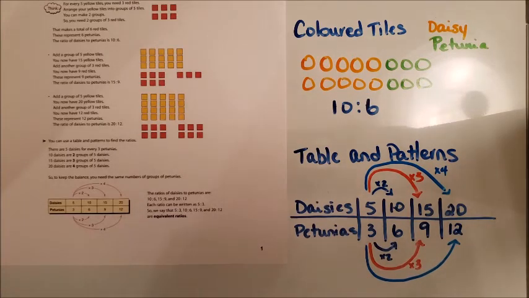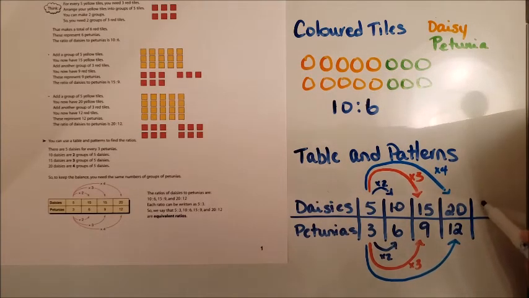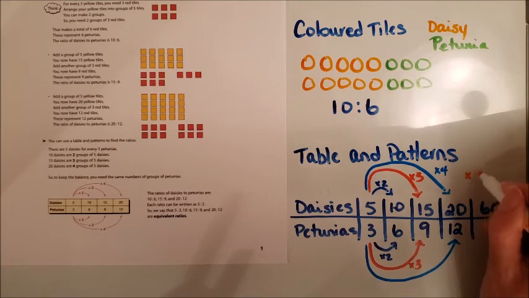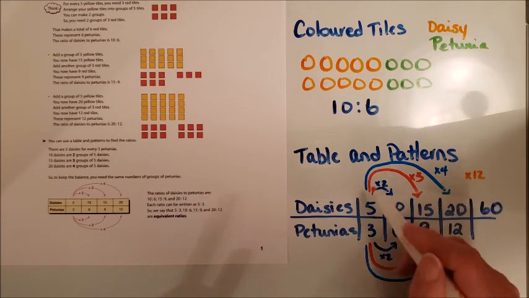Now, I could be super silly about this, and I could say, well, you know what? I have a really big garden. I want to plant 60 daisies. How many petunias will I need? If you know your number facts, 60 is 5 times 12.